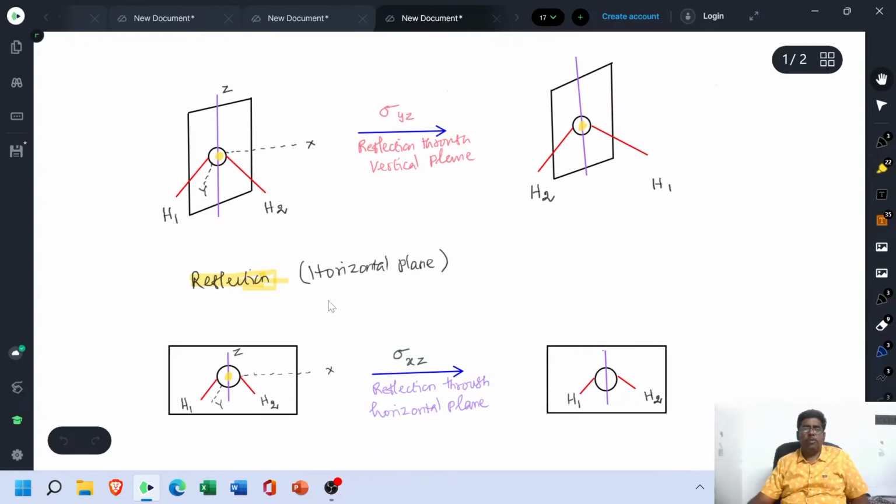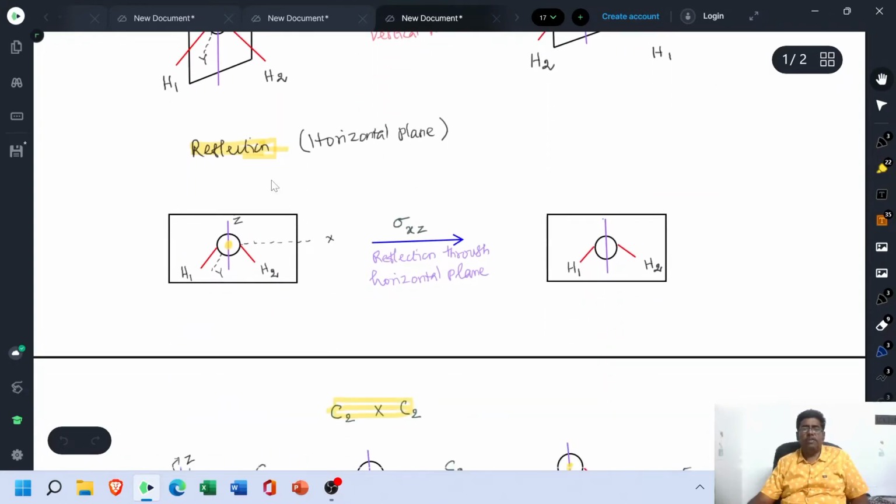And the fourth operation is reflection through the horizontal plane. If reflection is made through the horizontal plane, we get the actual structure of the water molecule, so this operation is also called a symmetry operation. In the horizontal plane, if you perform a reflection, there is no change in the positions of these two hydrogen atoms.